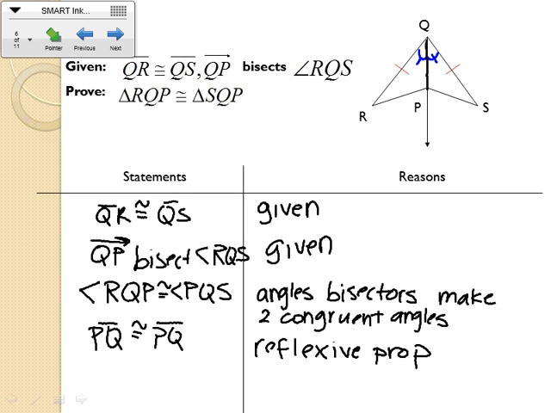Because I know that the triangles have congruent side, angle, side, I can say that these triangles are congruent to each other. So RQP is now congruent to SQP by our conjecture side, angle, side. These come with practice, so please make sure you're trying them as we go through them.